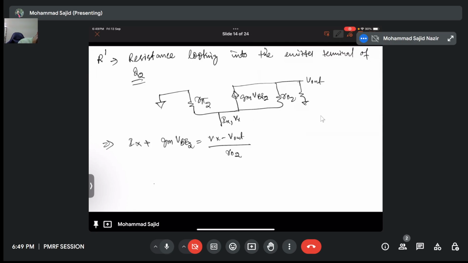And also, V out is equivalent to Ix times Rs, because this is the current flowing through this terminal.